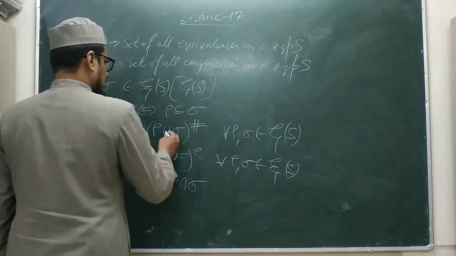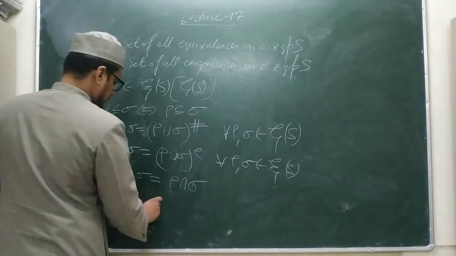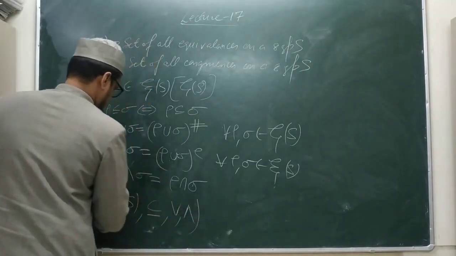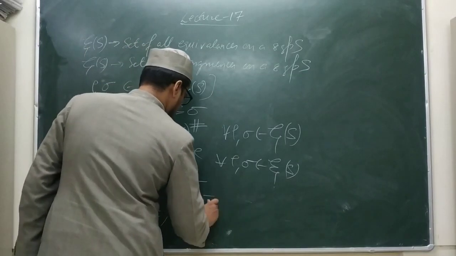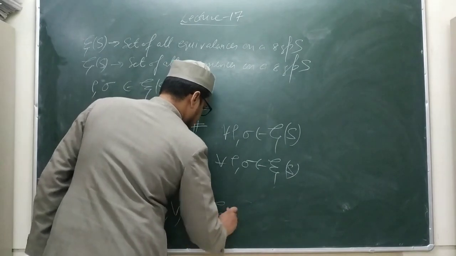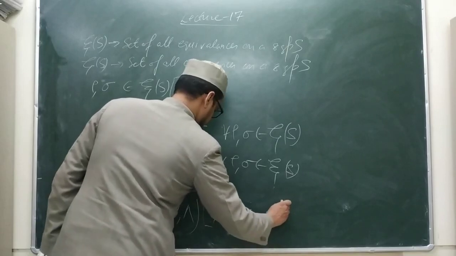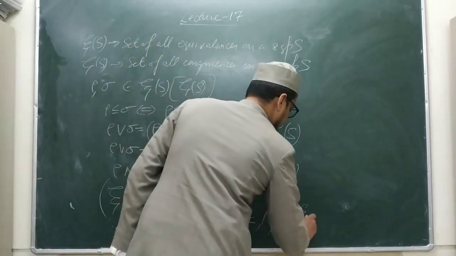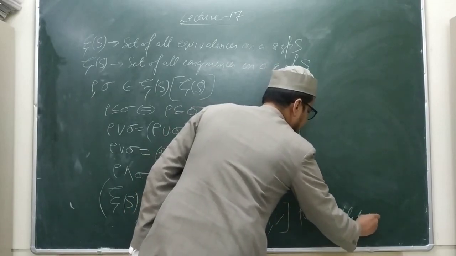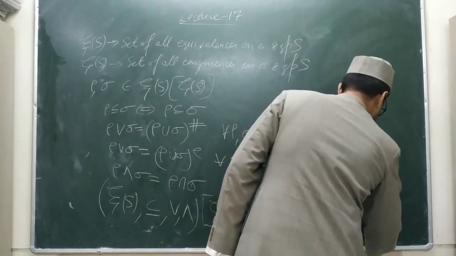So basically the partial order is this, and both form a complete lattice.